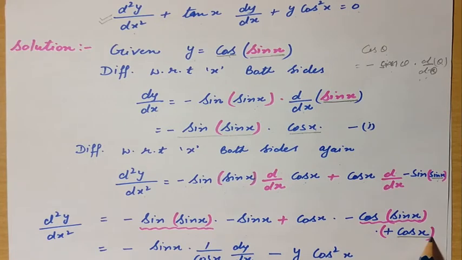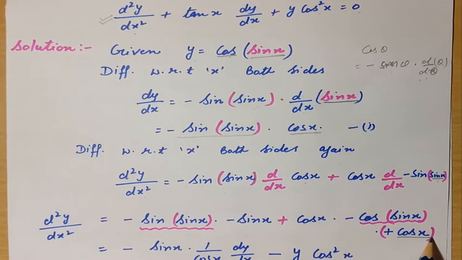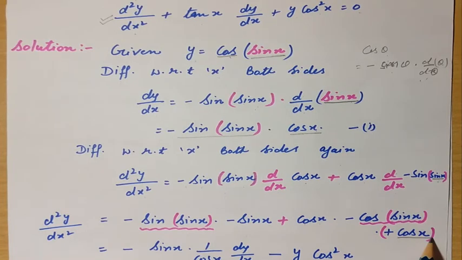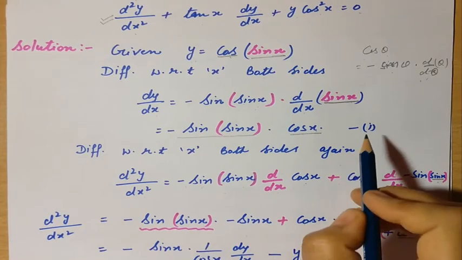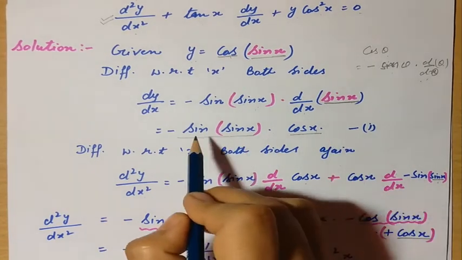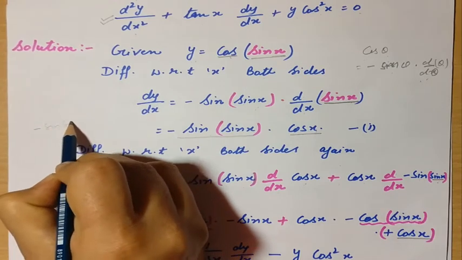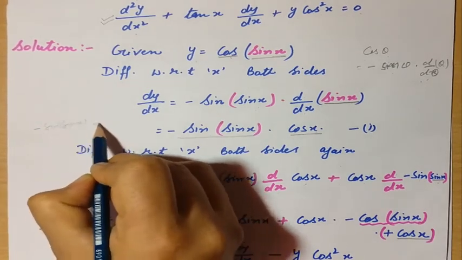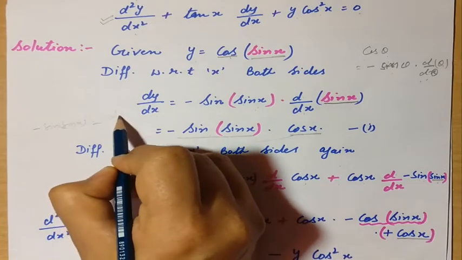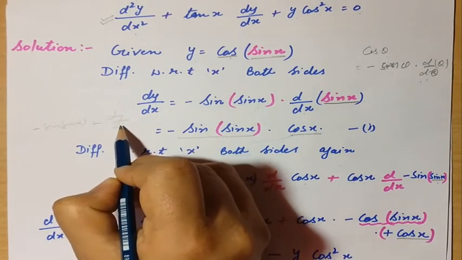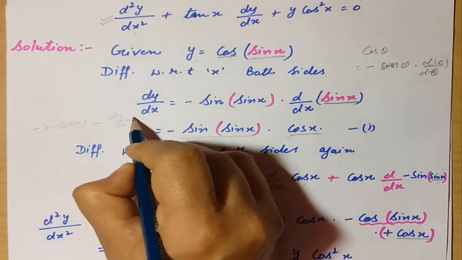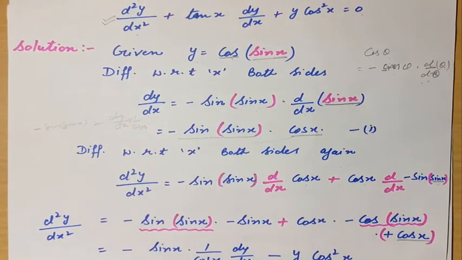Now we look at the previous equation and see if there is any value we can substitute. Yes, minus sin of sin x. From equation number 1, minus sin of sin x will be equal to dy upon dx multiplied by 1 upon cos x.